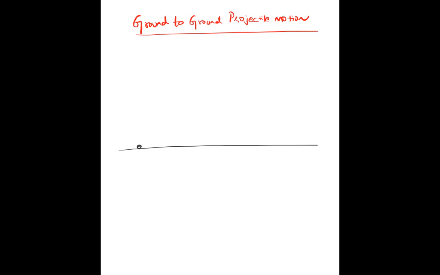Suppose you are shooting one bullet in a particular direction like this at an angle of theta. The bullet will undergo projectile motion in this fashion, and it will hit the ground, and this will be a symmetrical path. It won't be that the first part is bigger and the second part is smaller. It will be a symmetrical path. It is not a semicircle. You'll find out that it is a parabola kind of thing.